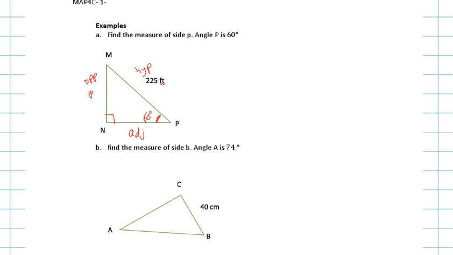I'm looking for the opposite, and I know the hypotenuse. So I have to look for something with opposite and hypotenuse. So it's sine, because opposite and hypotenuse. So sine P equals opposite over hypotenuse.